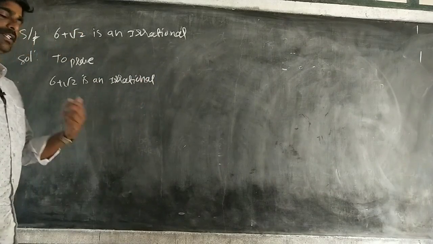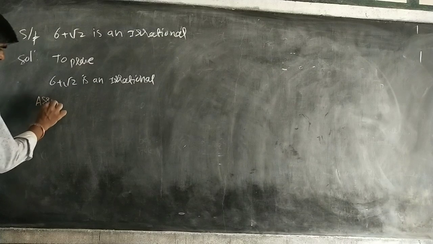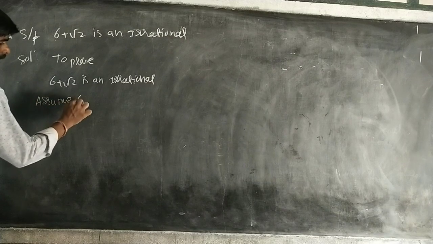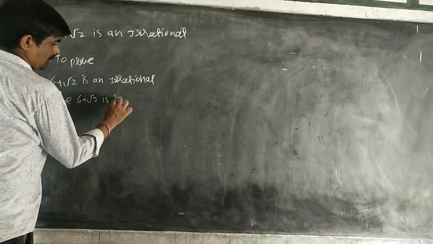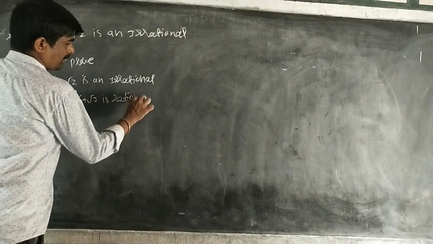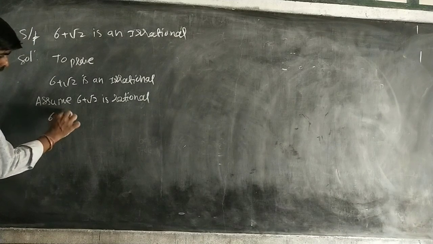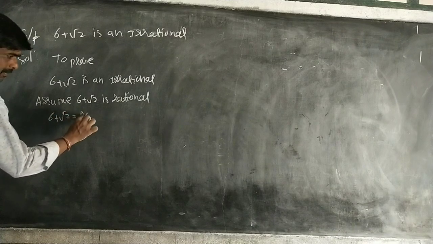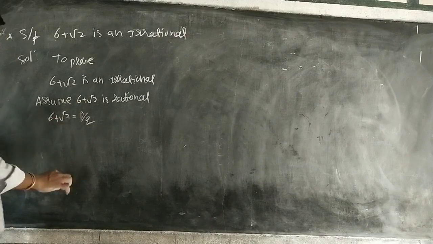But take contradiction, so assume. What is our assumption? 6 plus root 2 is a rational number. Therefore, 6 plus root 2 is equal to P by Q.